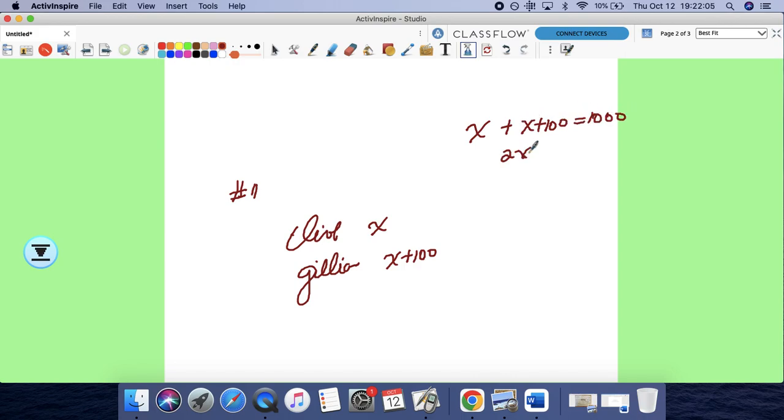We can go 2x plus 100 equals 1,000. 2x, sorry, equals 900. And x equals, we divide both sides by 2, it's 450. So that means that Clive got 450, which means Jillian got 550. So the percentage for Jillian was B, 55%.